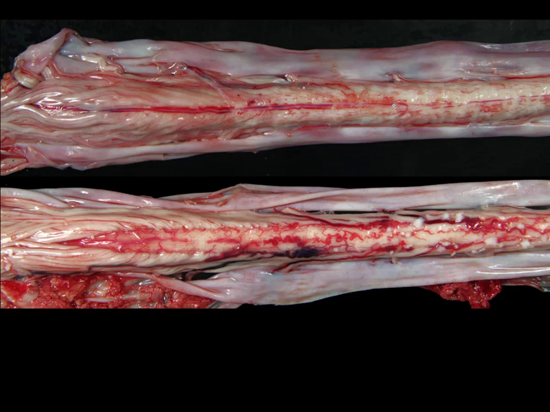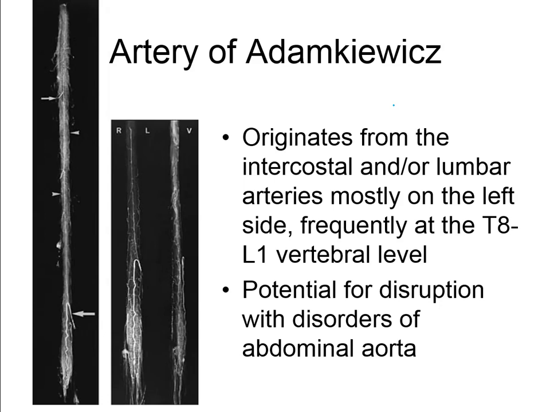If your cord weren't being perfused, you'd be in a lot of trouble, right? So it can't run the full length of the cord. You just can't pump enough blood up the 2 vertebrals, through that thin vessel, down the cord, without needing to resupply the cord distally. And that's done by an anastomotic vessel known as the artery of Adamkiewicz.